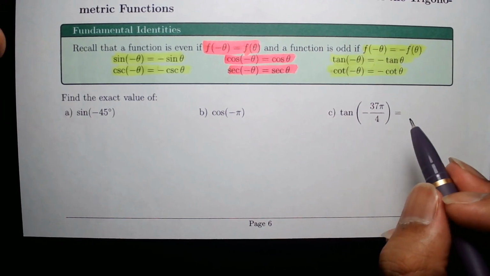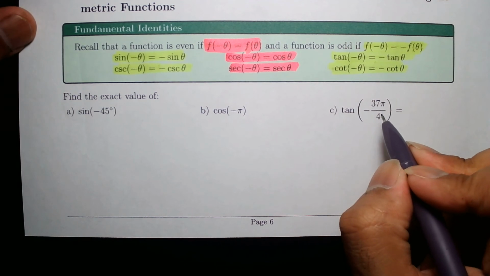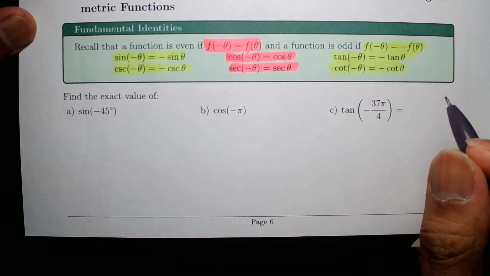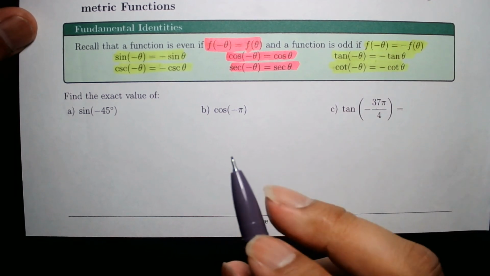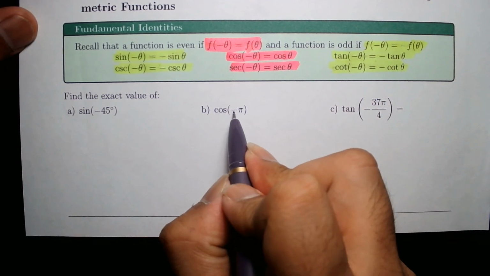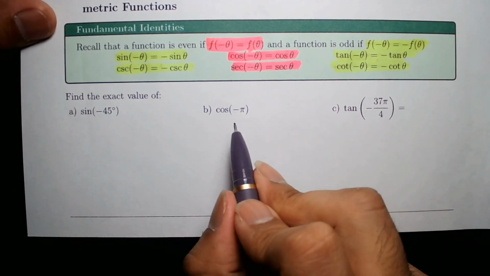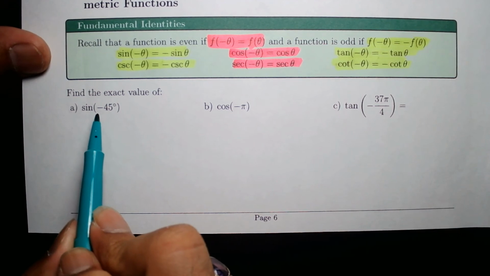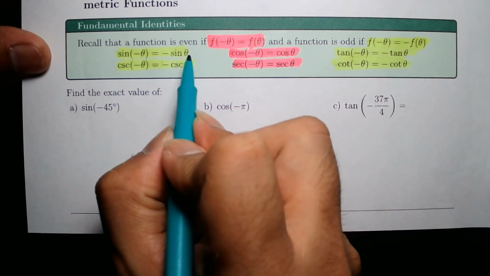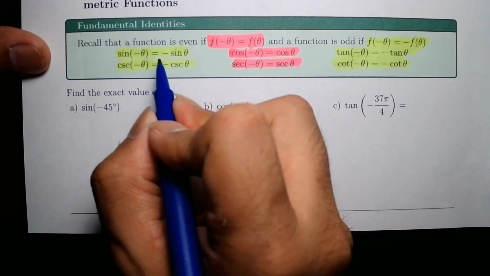So what we're going to do in this case is use these even odd properties to either get rid of the negative sign or take it outside. Sine of negative 45 degrees. What do we know about sine and its evaluation at negative values?